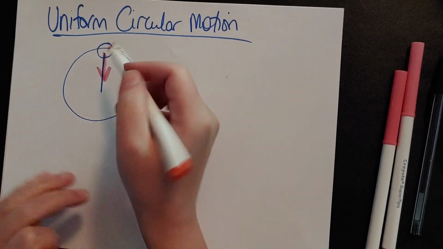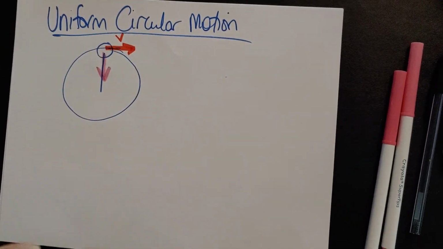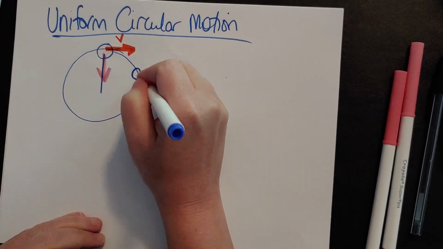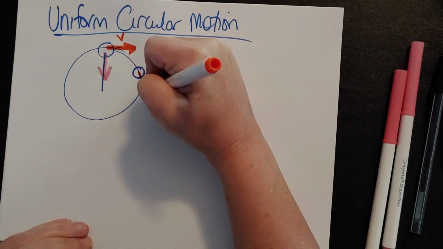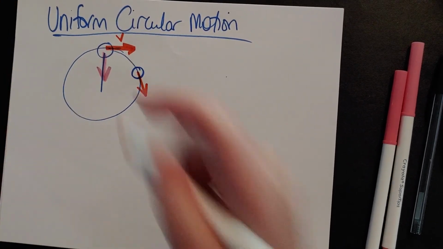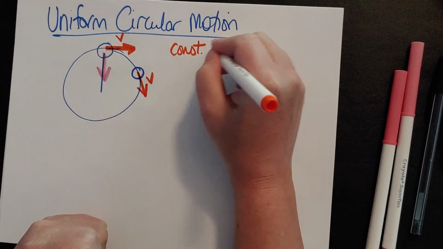All right. This thing is moving with a speed v here. A time later, it's moving with a speed v here, okay? Sorry. These can be the same v, and with uniform circular motion, it is.